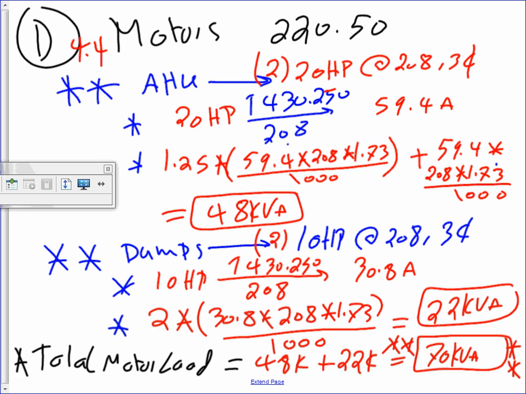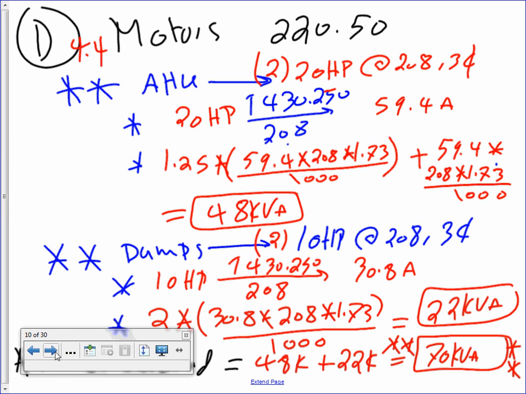This is for the motor load. Brian, makes sense? No? Would you be able to do that on a test, knowing that you can bring as much information as you want as long as you don't bring the example with you? Why did I do this step this way? Because I need to add 25% on the largest motor.